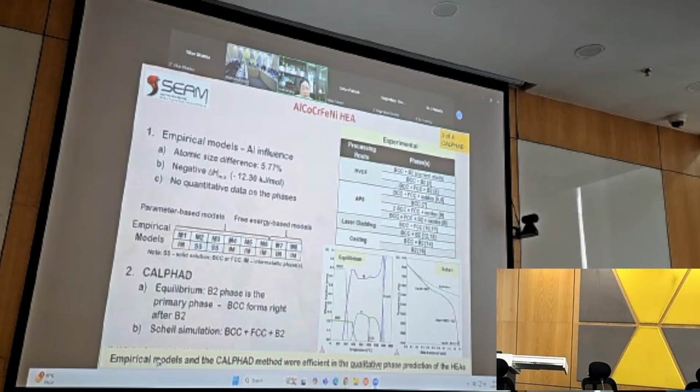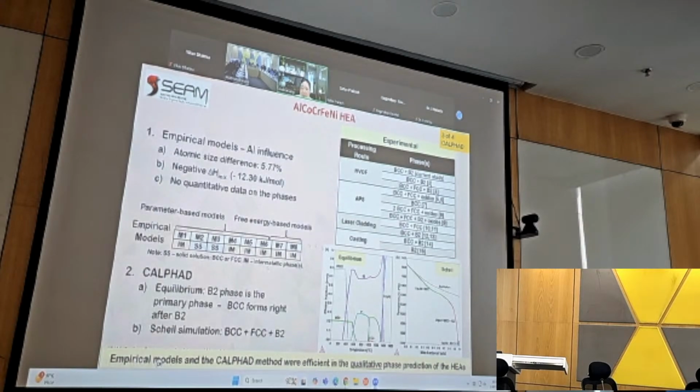So what we did in CALPHAD was simulate the equilibrium, and in this CoCrFeNi alloy, it predicts that in equilibrium the B2 phase is the primary phase. Then after that we get the BCC phase right after the B2, and so forth.